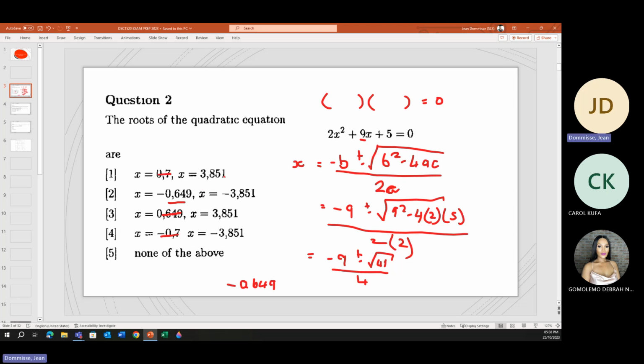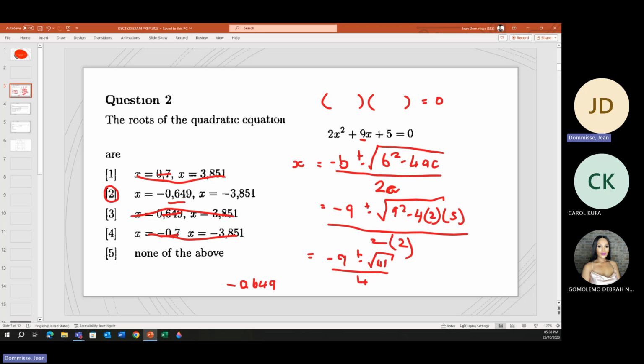Okay, so strange that they don't give us two of those. So option 2 is the right answer, but let's just work out the other one as well. So the square root of 41 again is 6.4031. So if we make it negative plus negative 9, we get minus 15.4031.